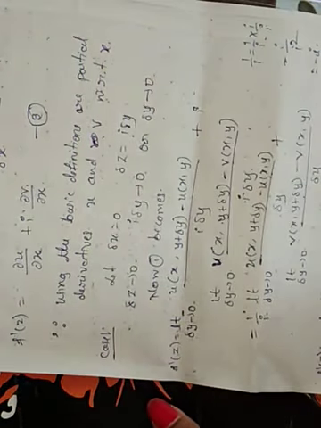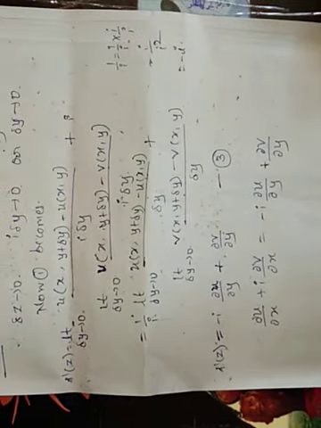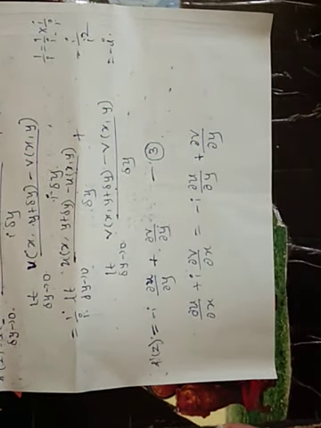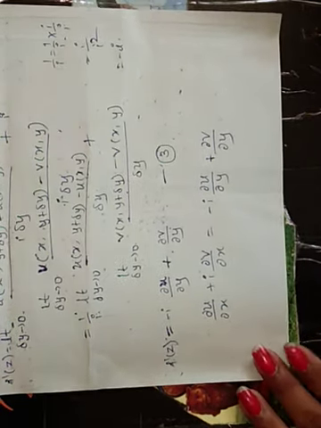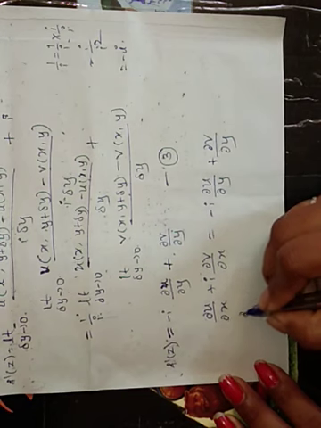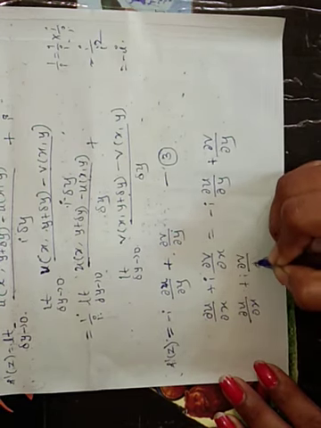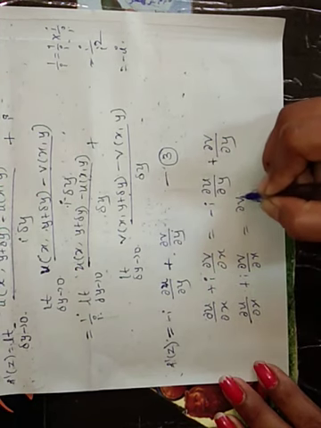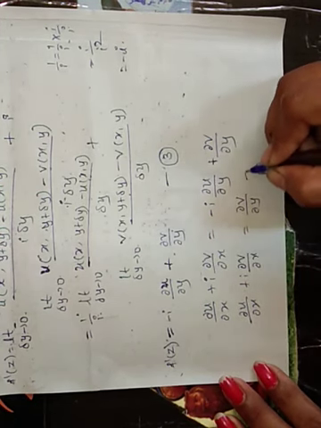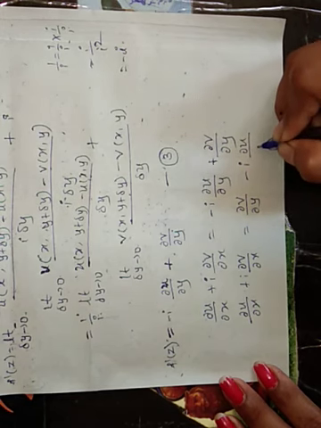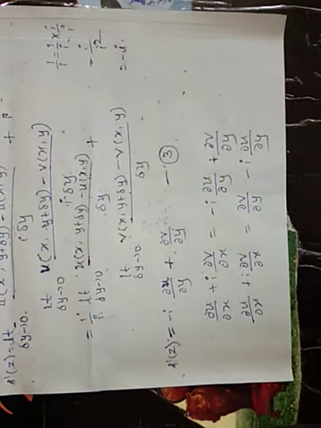By equating the RHS, we can write dou u by dou x plus I into dou v by dou x equal to minus I into dou u by dou y plus dou v by dou y. I just rewrite it as dou u by dou x plus I into dou v by dou x equal to dou v by dou y minus I into dou u by dou y.